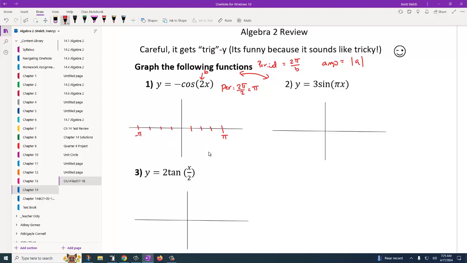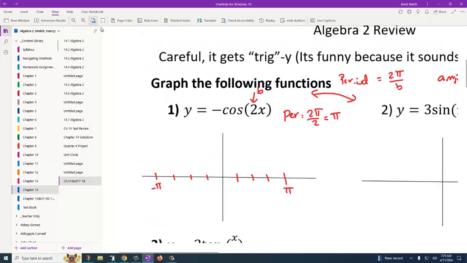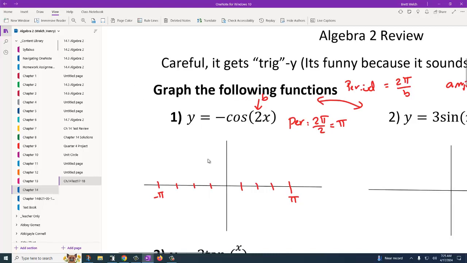Now I ask that you label the right-hand side completely. To do that, let me zoom in here just a little bit. We're going to need to split that pi in half for the middle mark. So if the fourth mark is pi, the second mark should be pi divided by 2.